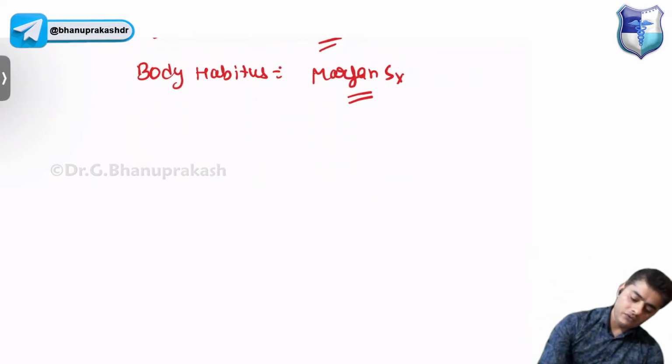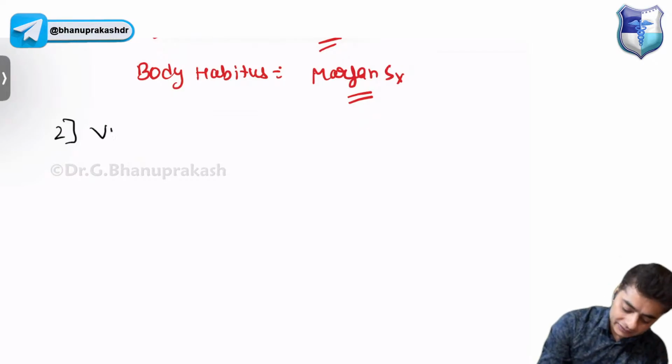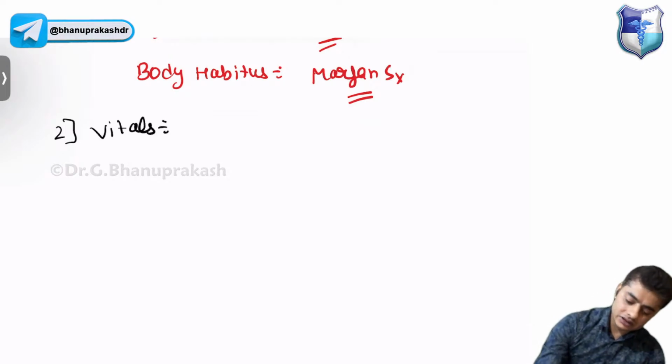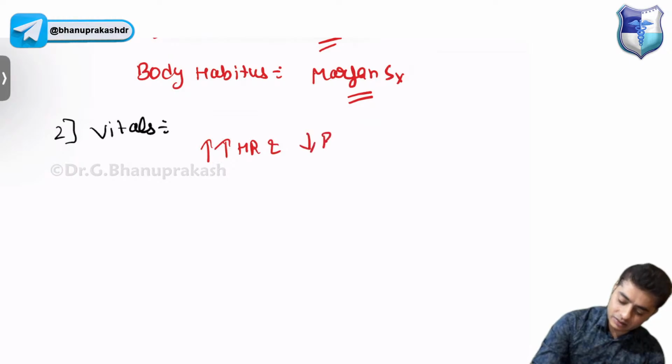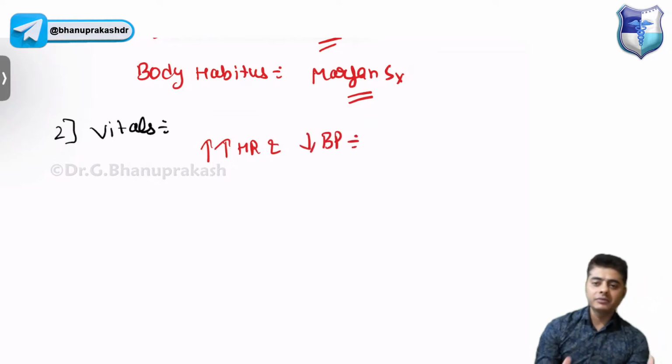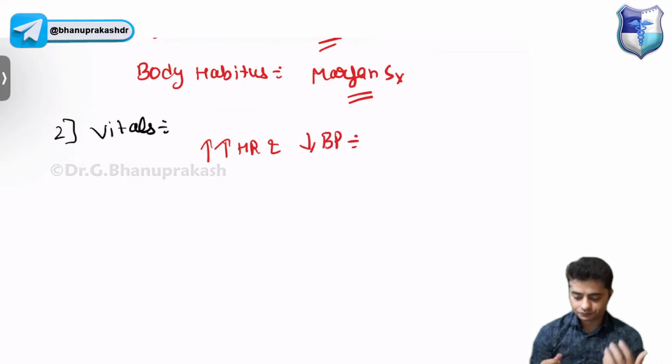Okay. After general physical examination, the most important thing is your vitals. So in vitals, what are the things? First, if the patient presents with an increase in heart rate and decrease in BP, what does it mean? It means the patient is in shock.